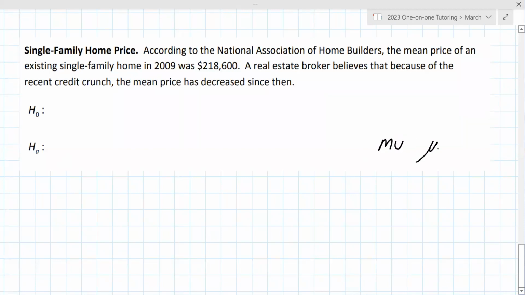It's mu, the Greek letter, the U with a little tail. I don't know if you're a cat or dog person, but little tail there. Mu. Okay, so for HA, I got mu less than 218,600. And the key word there is decreased.